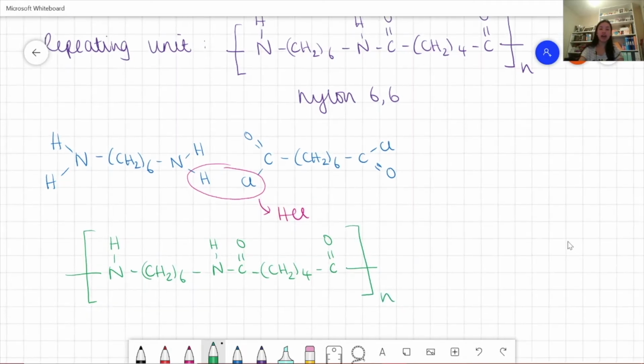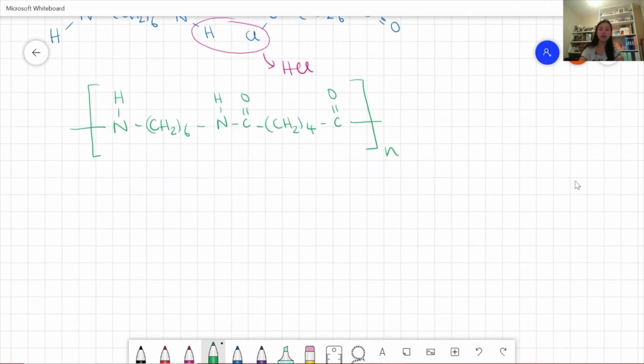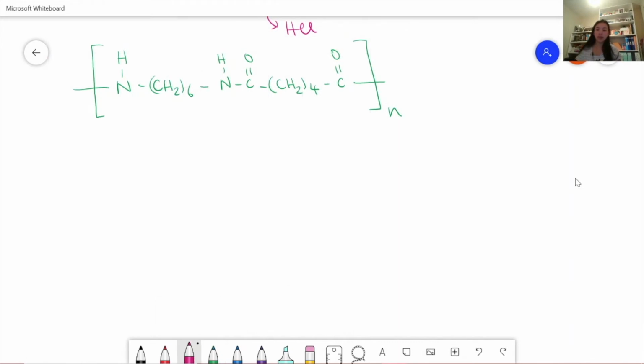Now we're going to look at Kevlar. So Kevlar is another polymer which is made from condensation polymerization, and it's made from the monomers benzene 1,4-diamine and benzene 1,4-dicarboxylic acid.